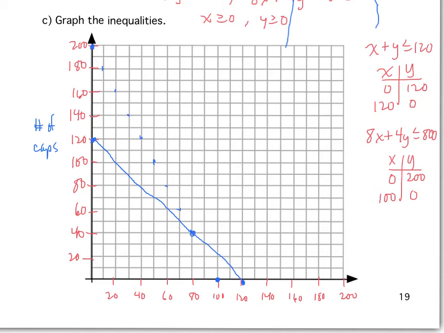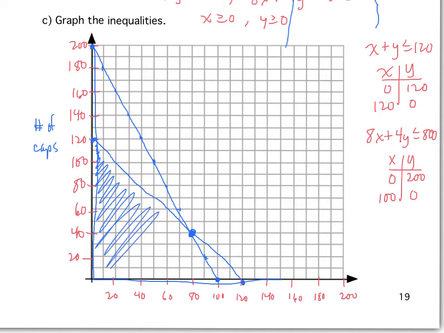Okay, and it looks like they're going to intersect right there. So I got to keep that in mind. Okay, and then of course I've got x greater than or equal to 0 and y greater than or equal to 0. And so that means I am going to be shading this region right here.